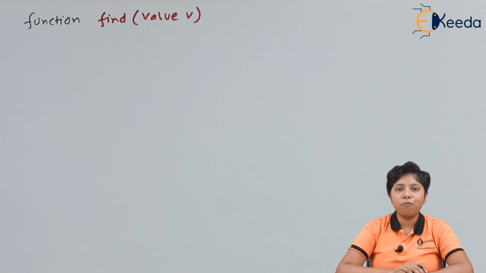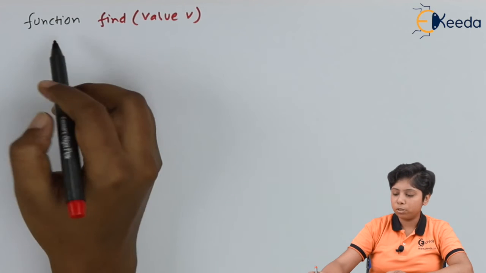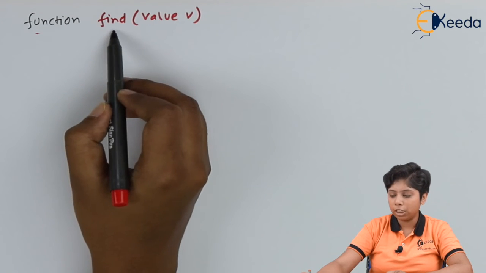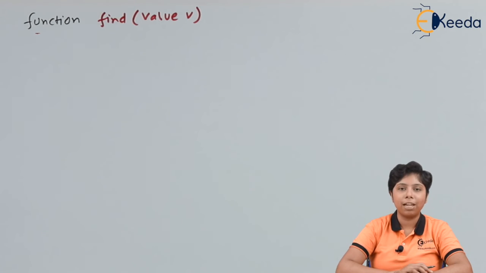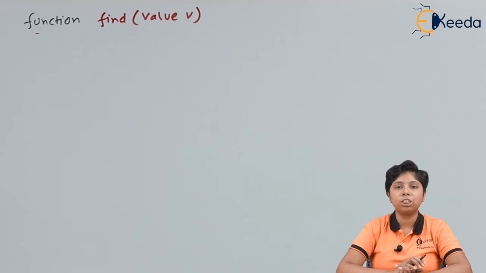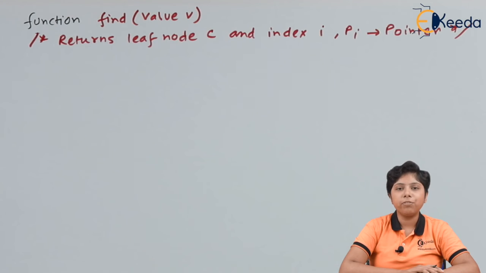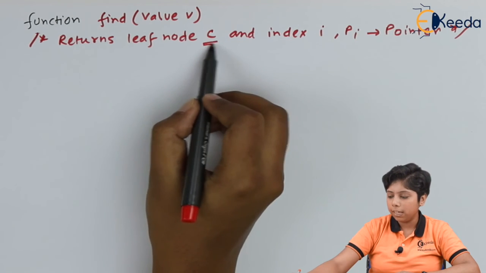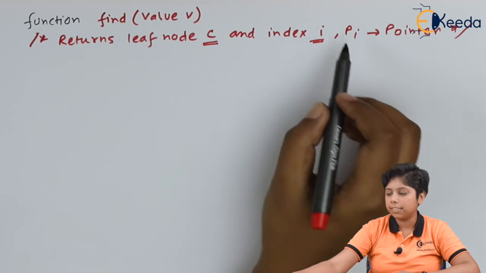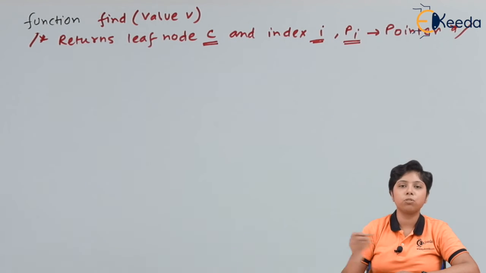So we use the function find with the argument value V, and then we introduce a search key Ki. It will return a leaf node C with an index i such that Pi points to the record on that leaf node.